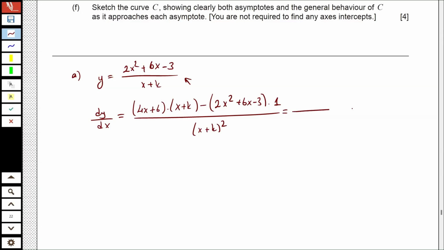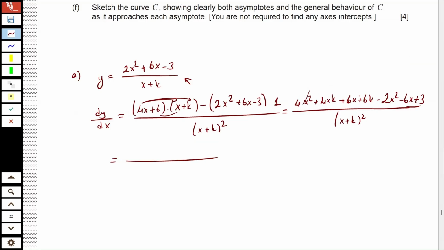To simplify this expression, we multiply it out: 4x² + 4xk + 6x + 6k − 2x² − 6x + 3.